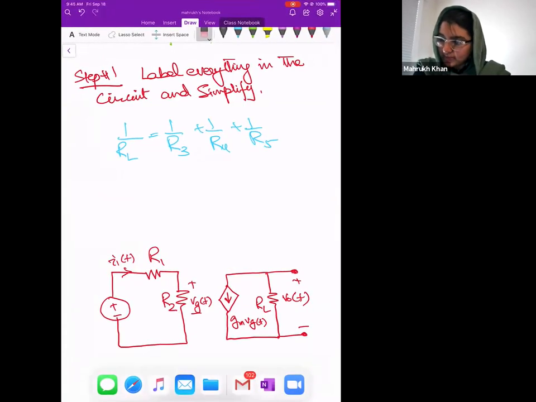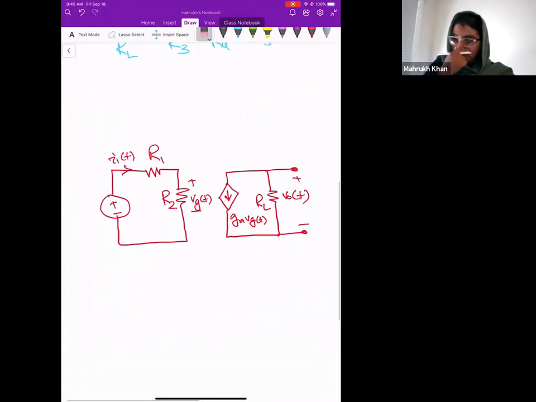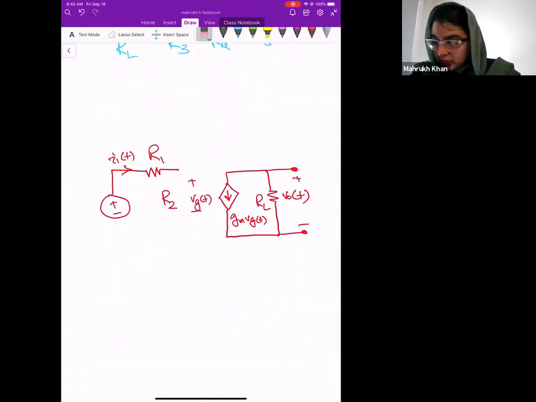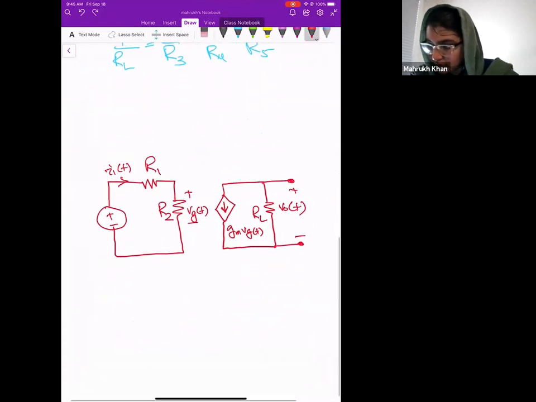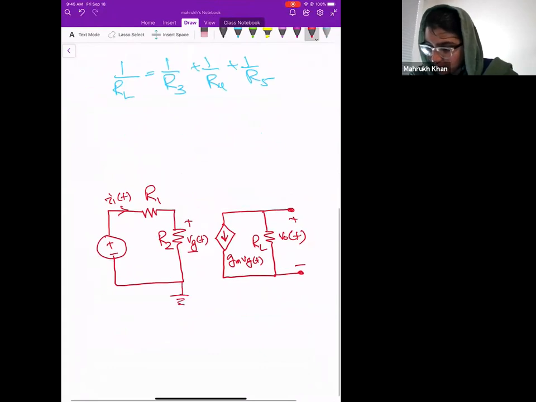So now my circuit is simplified and I will try to write the equation. Sorry, I need to mention that they both are ground. Okay.